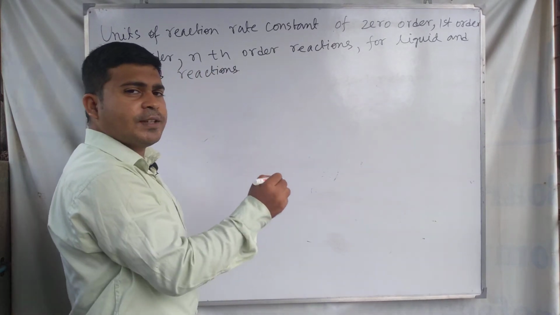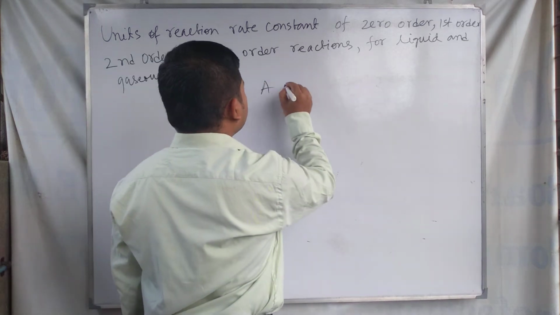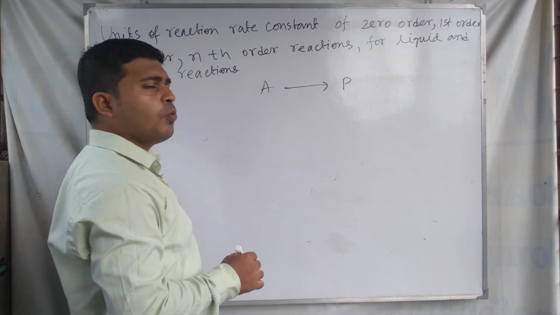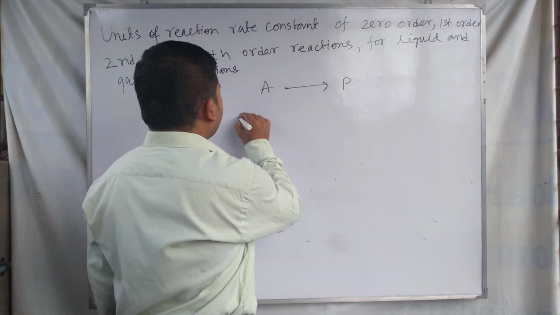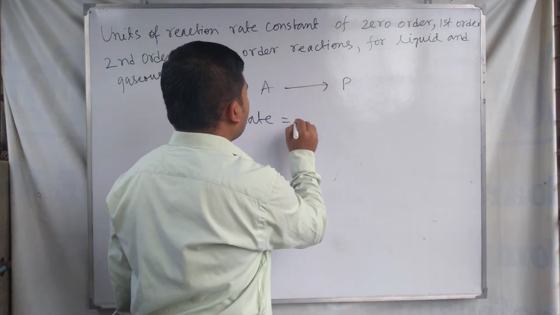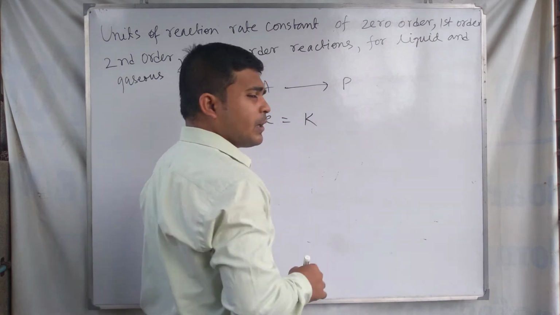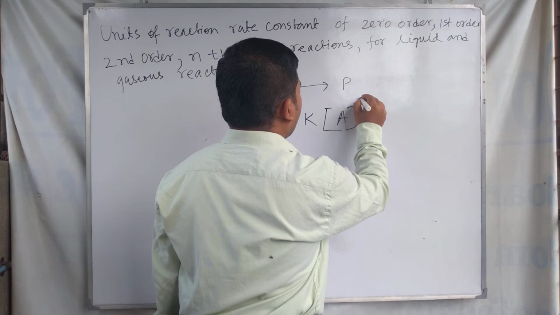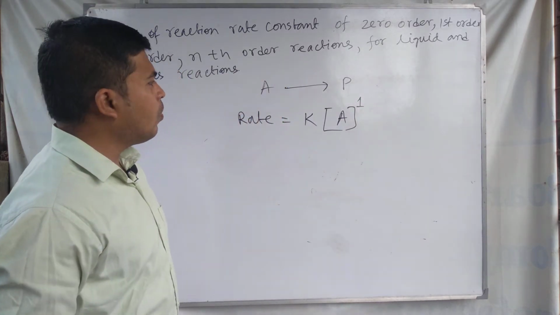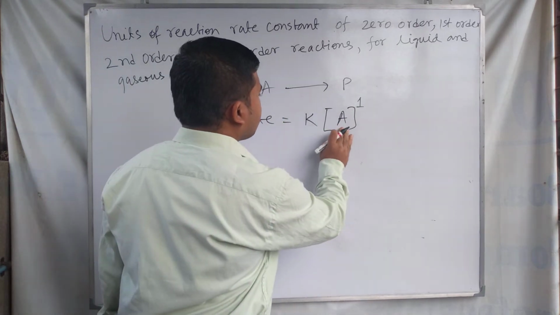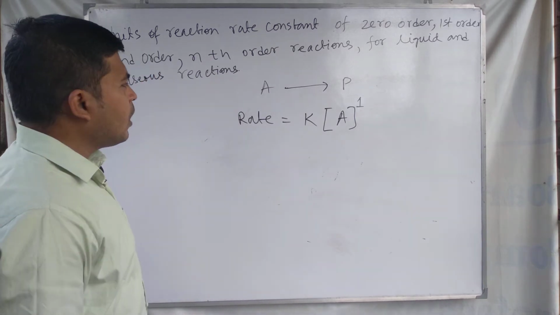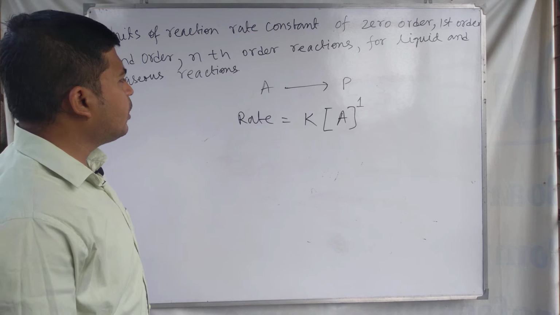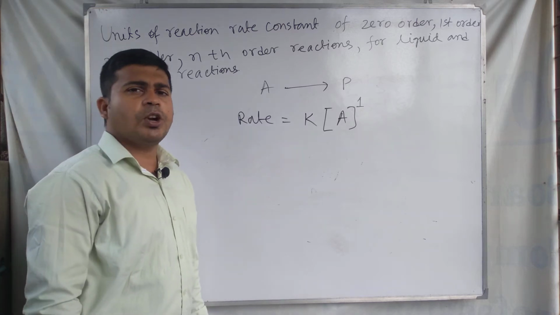You know, when a reaction is taking place in first order, A is changing into products, and in this case the rate equation should be rate equal to rate constant k into A to the power 1. The order of the reaction is this power, which is 1, so the reaction is a first order reaction.